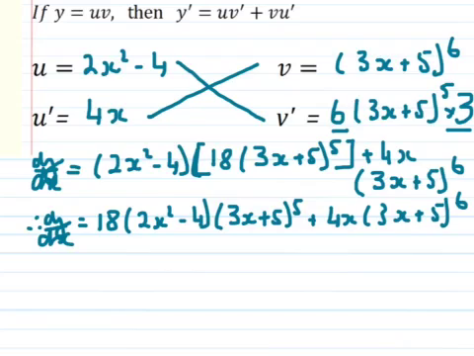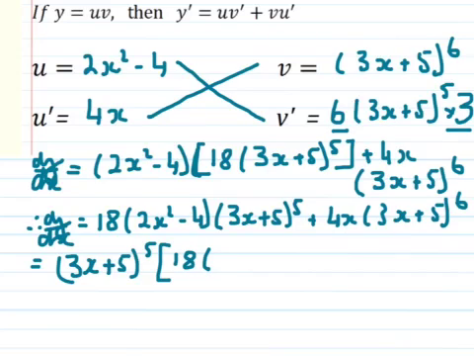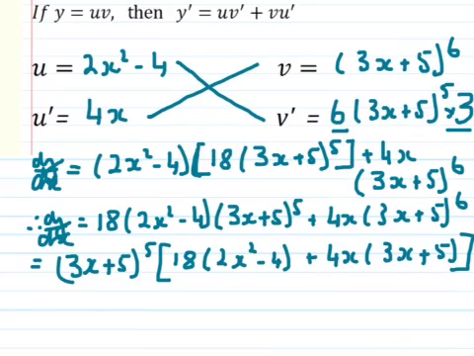We've got 3x plus 5 raised to the power of 5, and then we're going to open up probably square brackets, and 18 bracket 2x squared minus 4 goes like that, and then plus 4x bracket 3x plus 5, close square bracket.